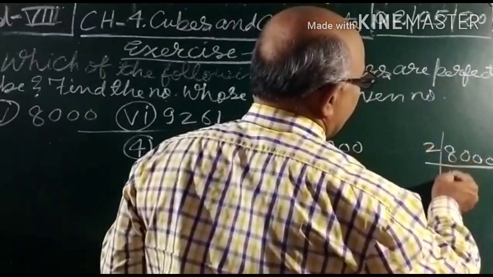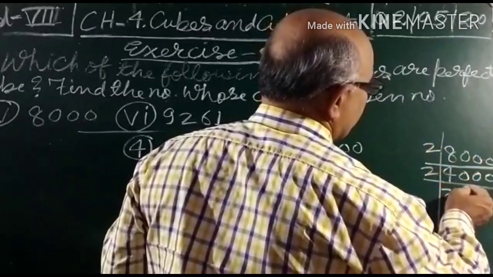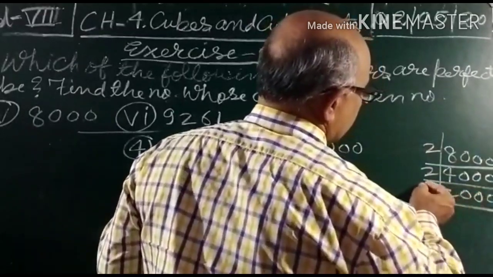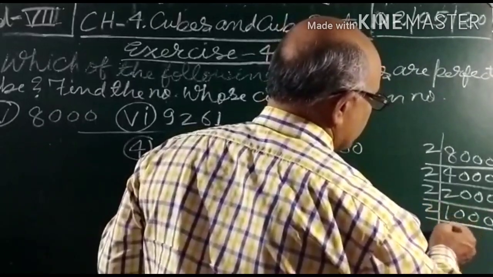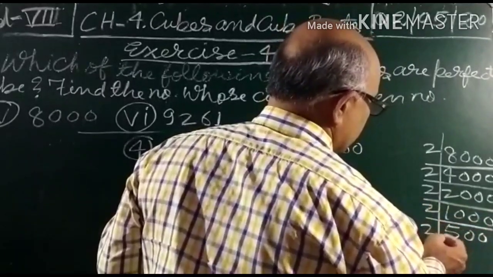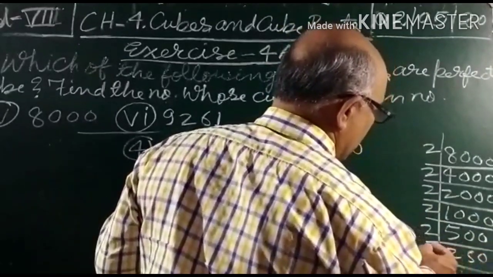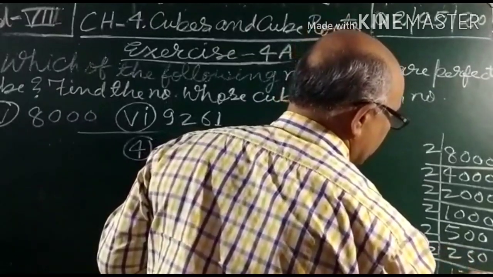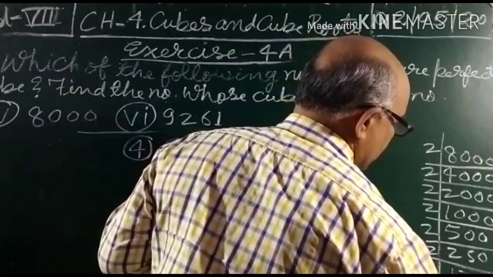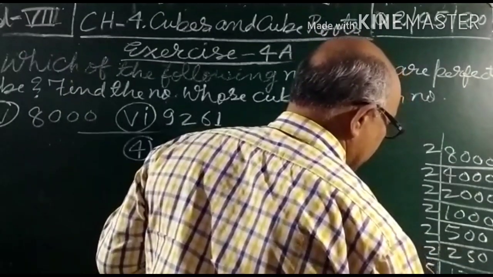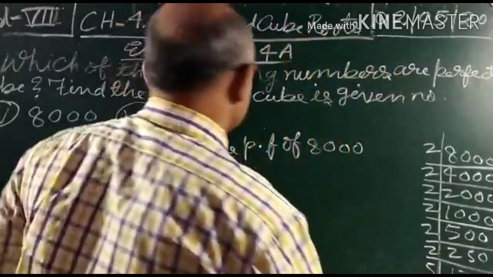First of all, 2 times 4,000. Again 2 times 2,000, 2 times 1000, 2 times 500, now 2 times 250, now 2 times 125, and now 5 times 25, again 5 times 5.